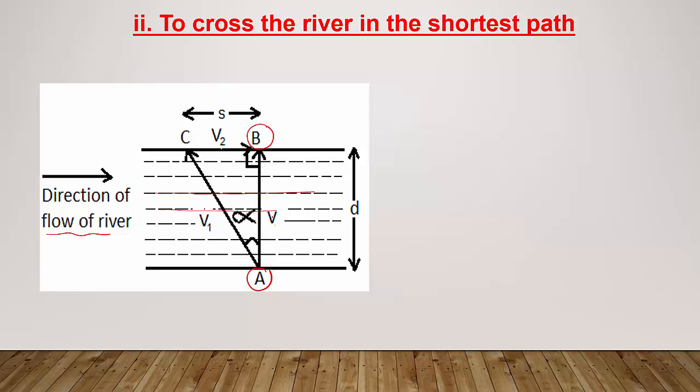The perpendicular distance between the two sides of a river is the shortest path.